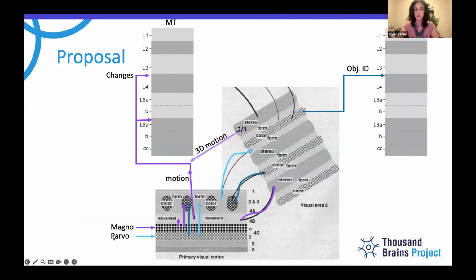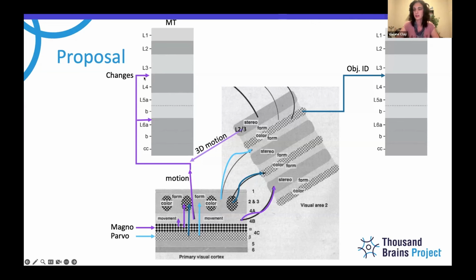The parvocellular input goes into layer 4C beta, and then it gets pulled up into layer 2-3, and then depending on whether it's blob or interblob, it goes to the thin or pale stripes in V2, and from there to V4. And then for the behavior models, there's a magnocellular pathway input that goes to layer 4B, and from there directly into MT.